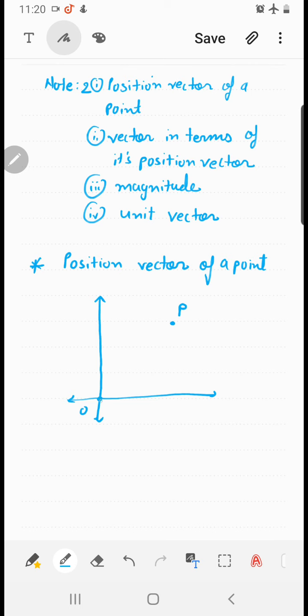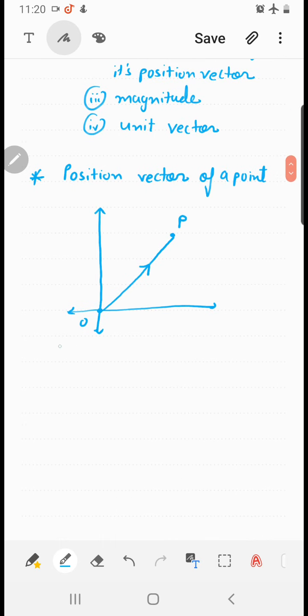Now we join these 2 points, and if I give the direction, can I say I have defined the position of point P with respect to origin, and hence this vector OP bar is called the position vector of point P.